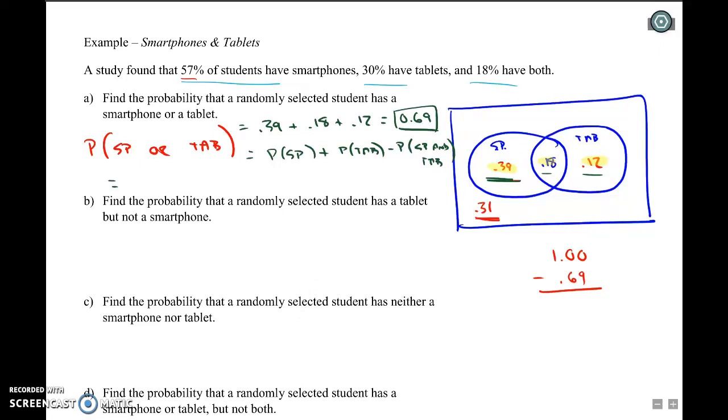Well, no. The people that own a smartphone are these people plus these people. That's the original 57. Plus people that own a tablet, 18 plus 12, or this 30. Minus the probability you own both. Well, 18% own both. So this is 0.87 minus 0.18, which gives me that 0.69.